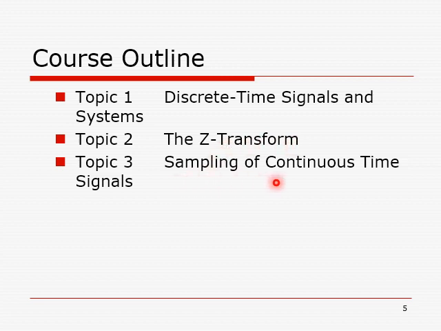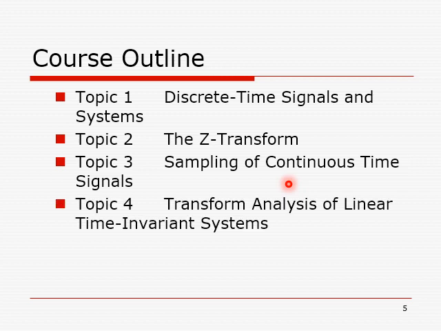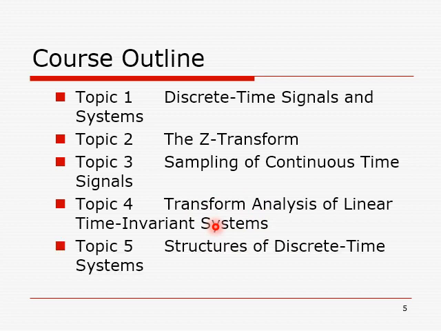Then we talk about sampling of continuous time signals, and transform analysis for linear time invariant systems, LTI systems analysis by using the DTFT and also the Z-transform. We're going to talk about the details for all the transformations and how to use those transformations to analyze signals and systems in the following lectures.